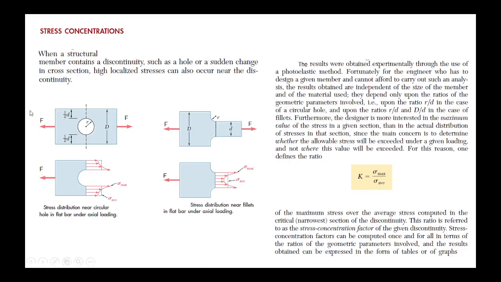If there is a discontinuity within the body because of abrupt cross-sectional change or existence of empty space, from the outputs of previous studies held by engineering scientists using photoelastic methods, we know that in the vicinity of the discontinuity, the stress value is going to be much greater than the average stress value.